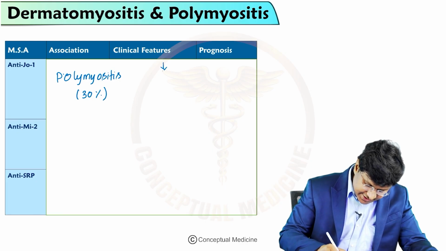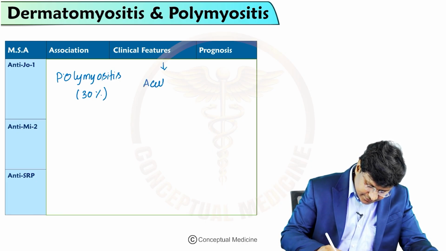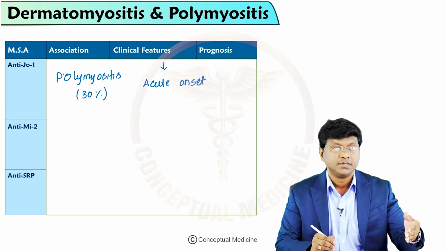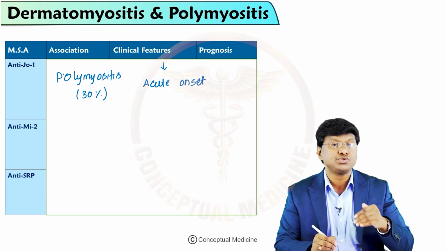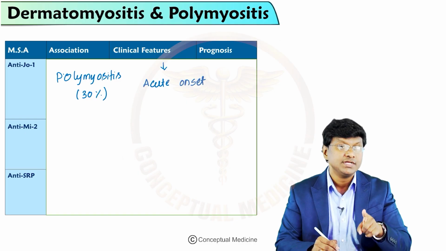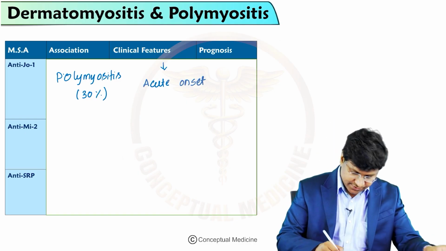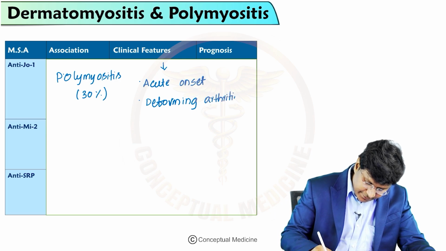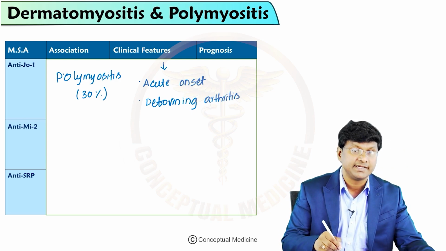The clinical features are that they are acute in onset. And if anti-Jo1 antibodies are present, it predicts deforming arthritis.